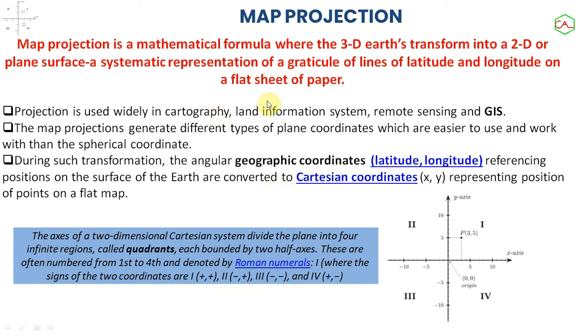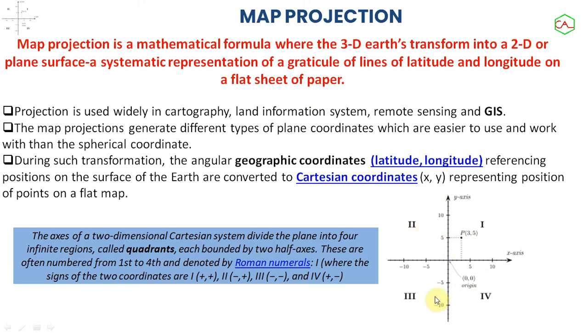It's a system that represents the graticule of lines of latitude and longitude on a flat sheet of paper. Cartographers use this widely in geographic information systems, remote sensing, and GIS also.